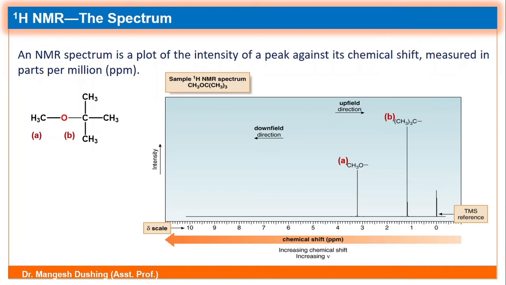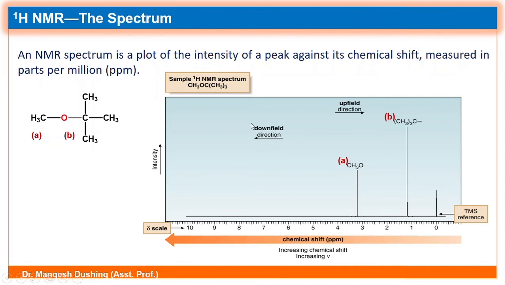From this 0, the chemical shift increases from right to left. Most graphs we have seen increase from left to right, but in this case the TMS reference is towards the right hand side. That's why the scale starts from the right and moves towards the left: 0, 1, 2, 3, 4, 5, 6 like that.